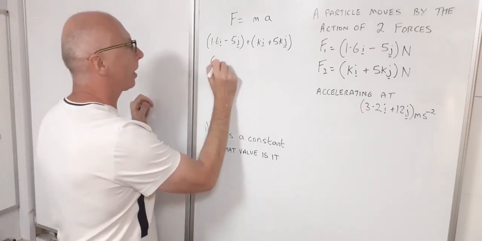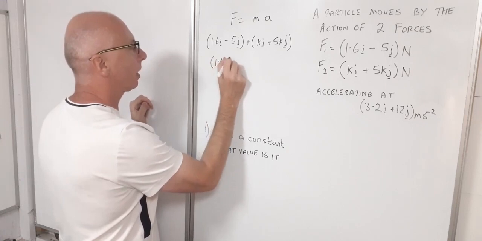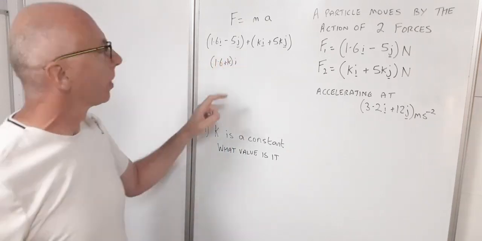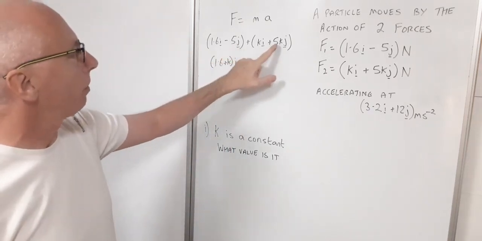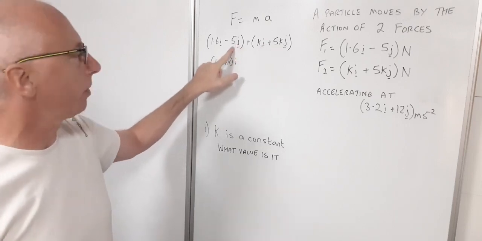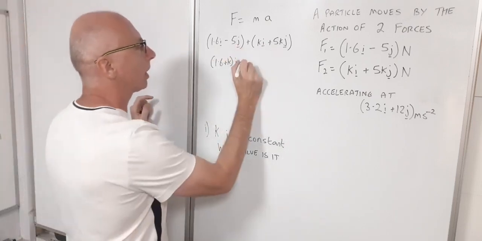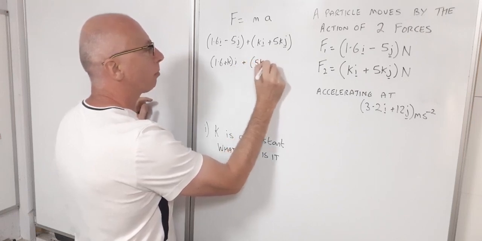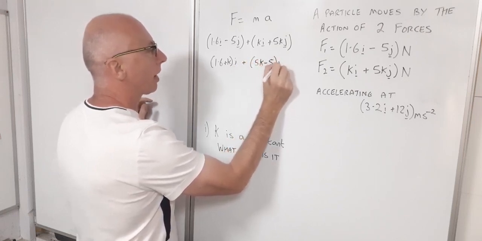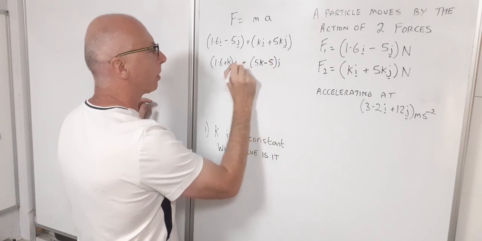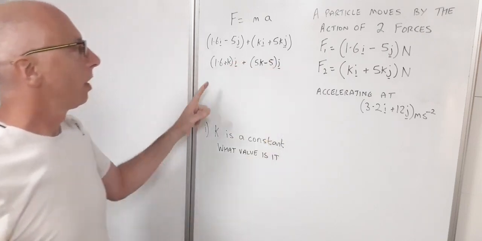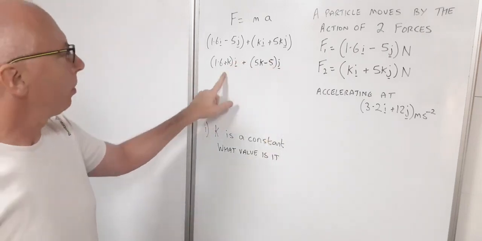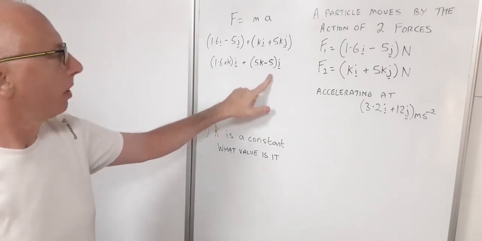So let's put that in here, 1.6 plus k, and that's i. And then for the j, we've got 5kj and minus 5j. So we can rewrite that as add to that 5k minus 5, and that's the j component. So that's the two vectors added together.